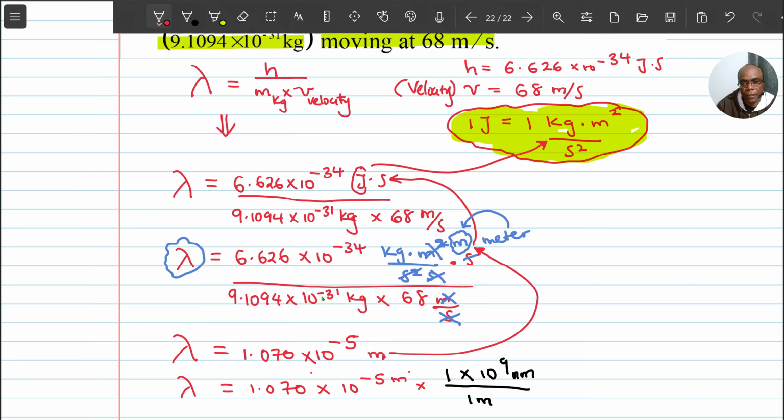That way, the m and the m will cancel out. Our answer will read something nanometers, because this unit nm survives.